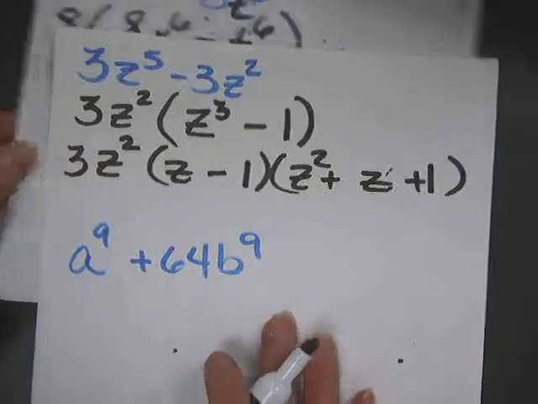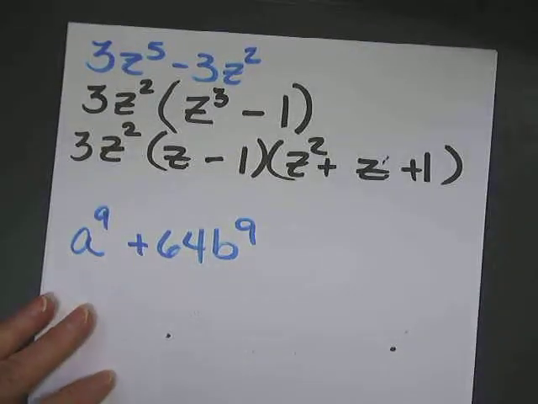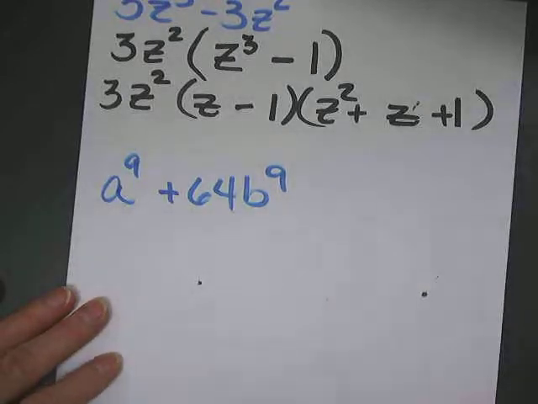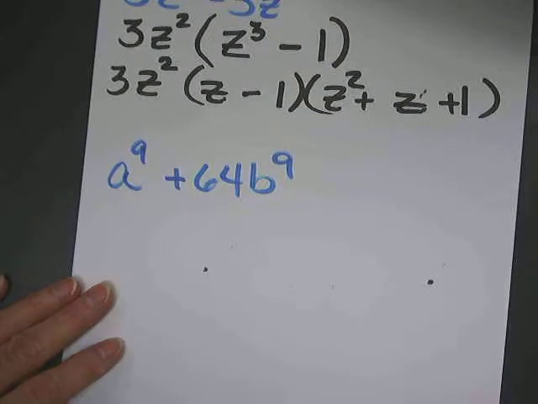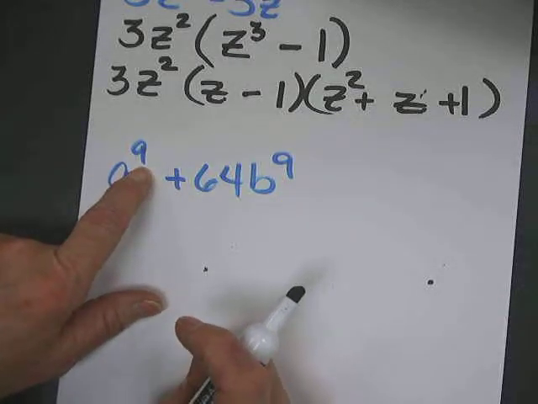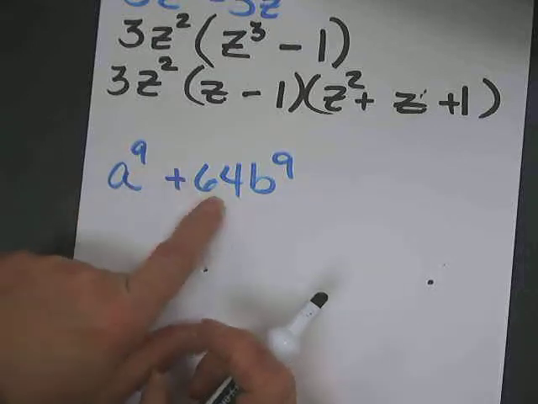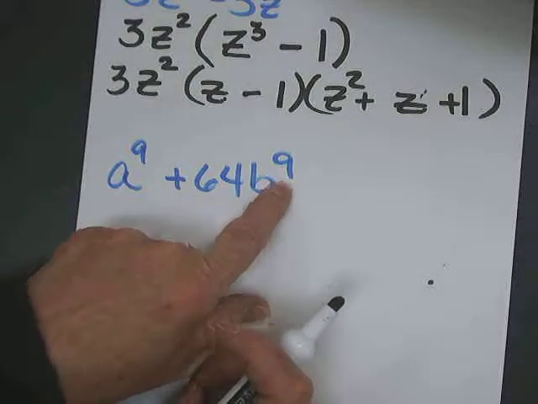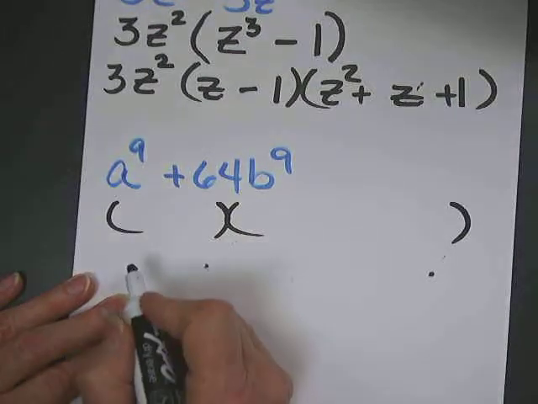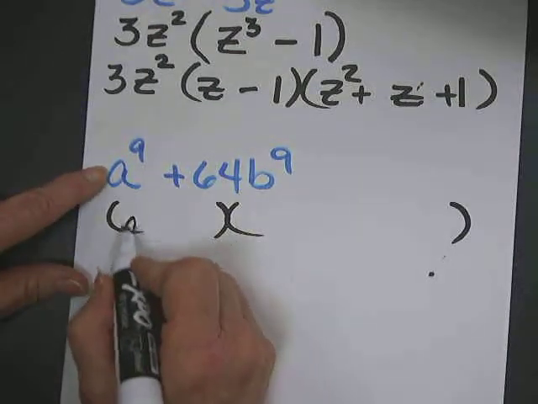So we'll do this on the outside. 2 and 3. Cube root of z cubed is z and square it here. Cube root of 1, 1, and square it here. What's the signs? Same?